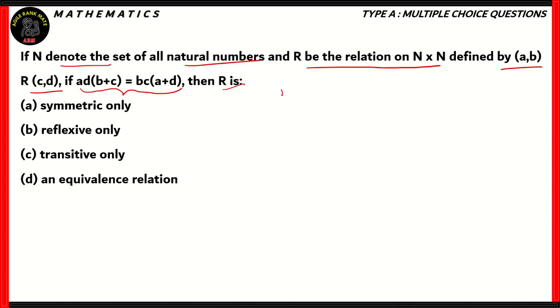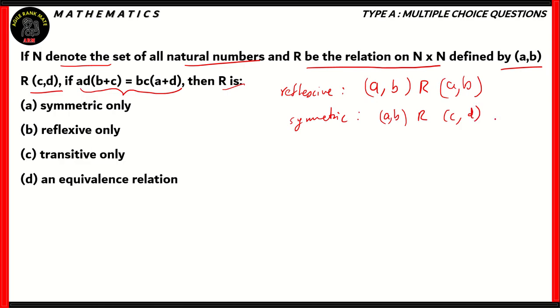Let's define the three terms. Reflexive means (A,B) can form a relation with itself. Symmetric basically means if (A,B) can form a relation with (C,D), then (C,D) can form a relation with (A,B).